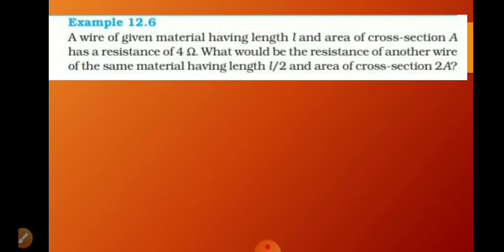So let us consider the 2 wires they have considered. For the first wire, they have told length is L, area of cross section is A, and it is having the resistance of 4 ohm. Second wire, we have to calculate the resistance where it is made up of the same material but it is having length L by 2 and area is 2A. So let us find out that.